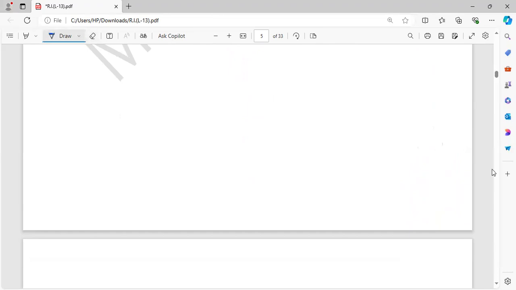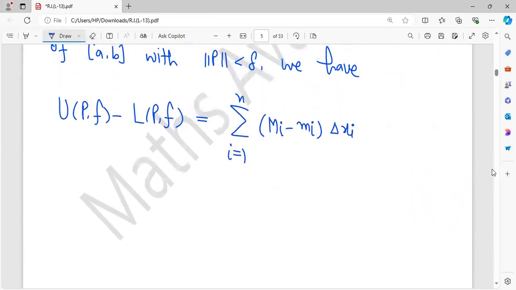Or we will use another technique here. So let's say this is equation number 1.